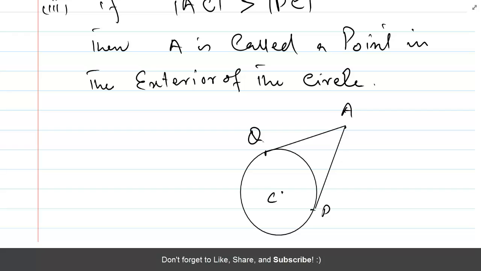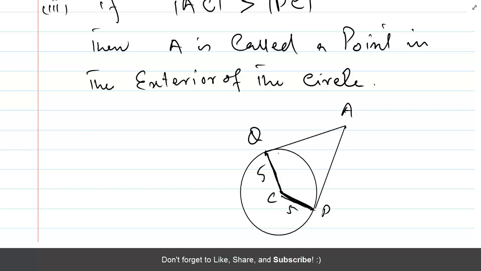Let's consider that this distance of C from Q is equal to 5. Then obviously the distance from C to this side is 5 as well, because CQ is the radius, this is the radius as well.